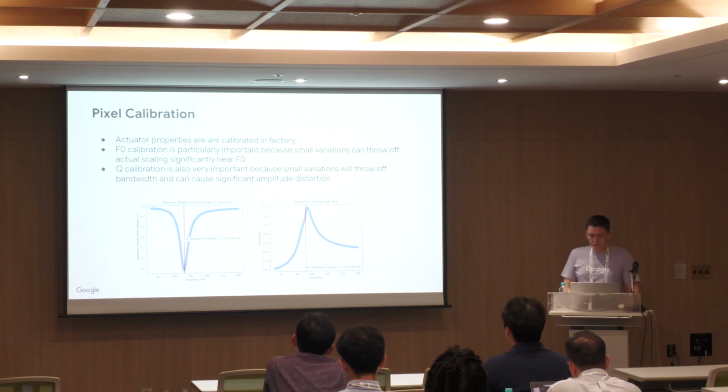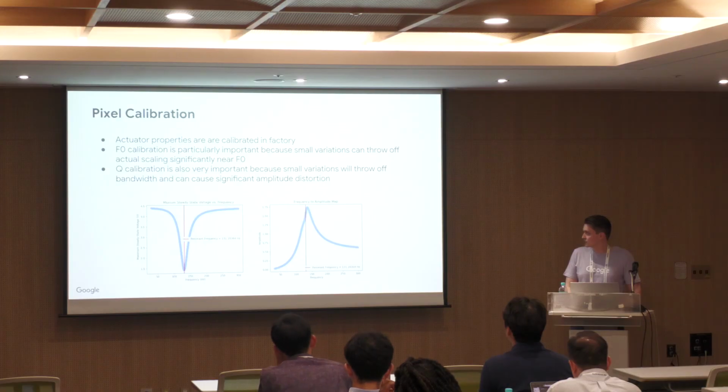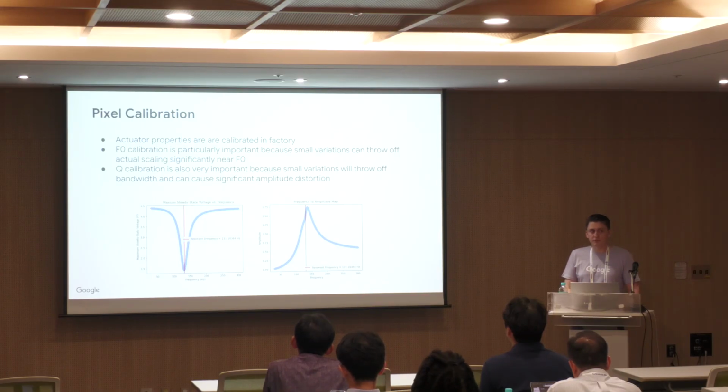Similarly, Q factor calibration is important because, like the resonant frequency, small changes will throw off the bandwidth around the resonant frequency significantly. This can also cause amplitude distortion if you expect a wider map than you actually have.